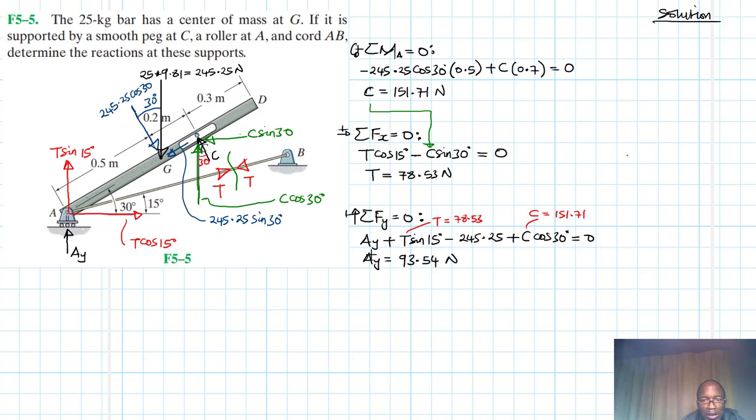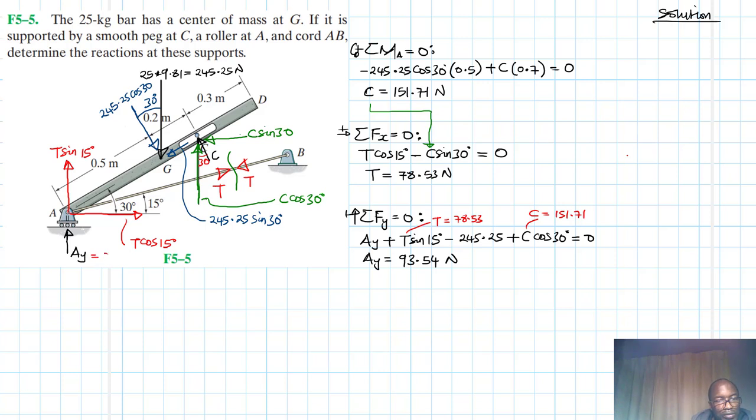Let me just check again: 78.53 sine 15 minus 245.25 plus 151.71 cos 30, 93.54. Great. So let me write these solutions.